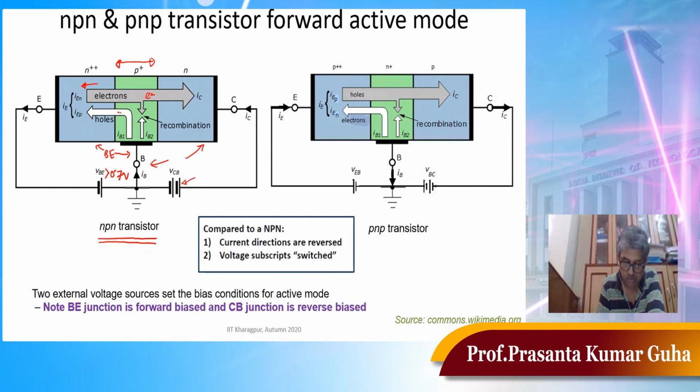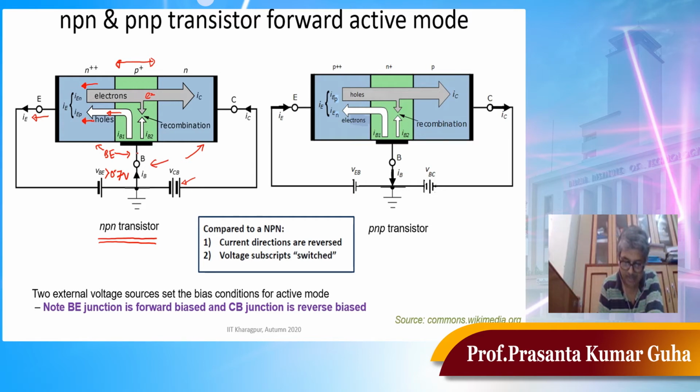Holes which manage to cross the base emitter junction will give rise to a current in the direction of the hole movement, which I have designated as IEP. So IEN and IEP are both in the same direction, and if you add these two, the total current is IE, the current which is coming out from the emitter.